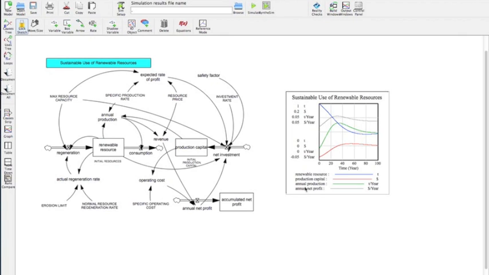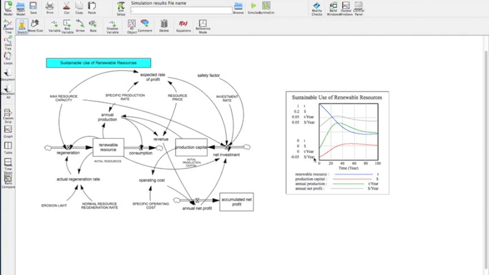The annual production I plotted just to show how much was being extracted or consumed, and again it goes up for a little bit at the beginning and then reaches a plateau, and then the annual net profit, so those values also stabilize.